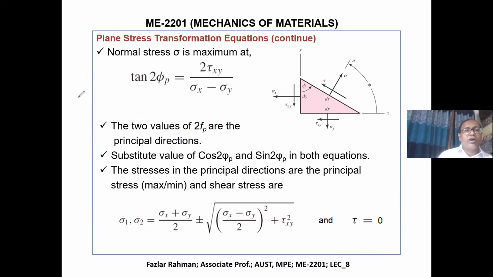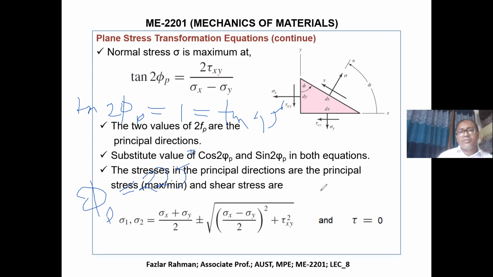Say after I solve, I am getting tan 2 phi equal to 1, right? So if I get 1, that means this equals tan 45 degree, because tan 45 equals 1. So how much is phi? You write down 2 phi p equal to 45, phi p equal to 22.5, right?